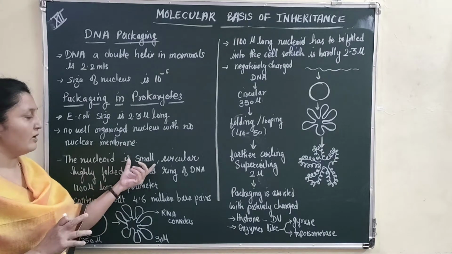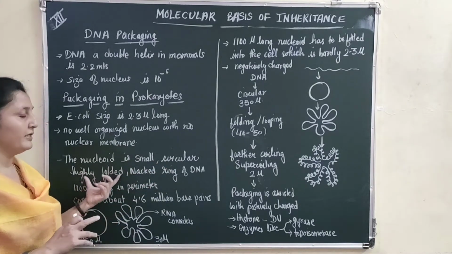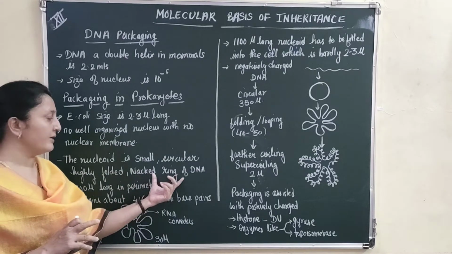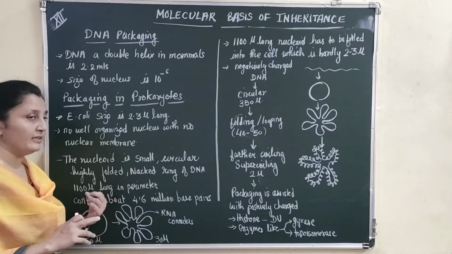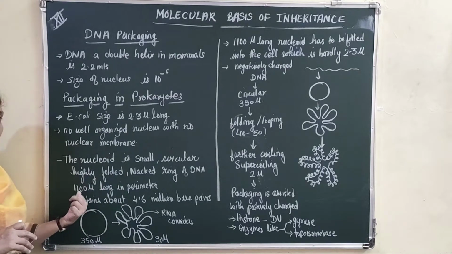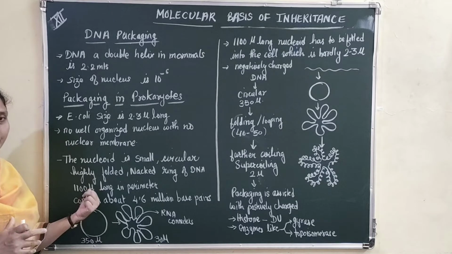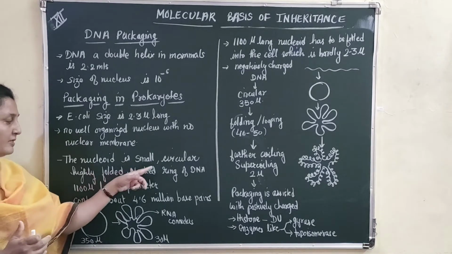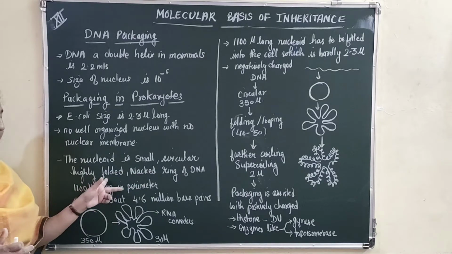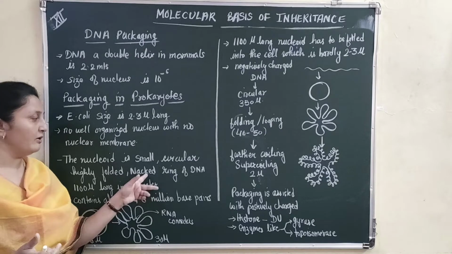It is small, circular, highly folded, and it is a naked ring of DNA, and the ring of DNA is very big. It is a 1100 micrometers big molecule, right? So how is the DNA inside the prokaryote? It is small, circular, highly folded, and naked because it does not have a nuclear membrane of its own.